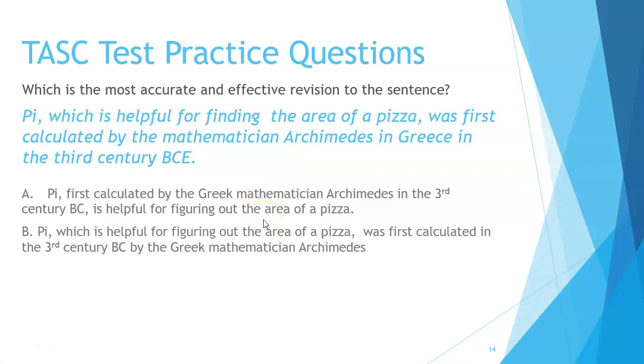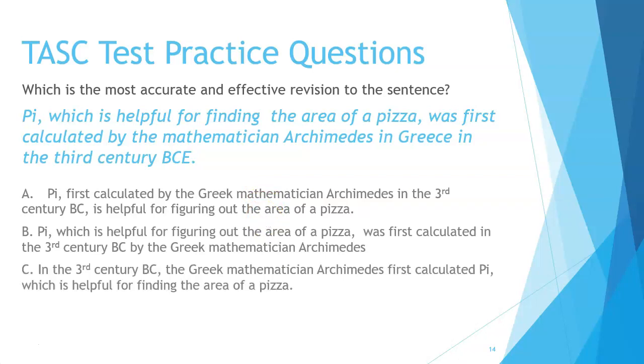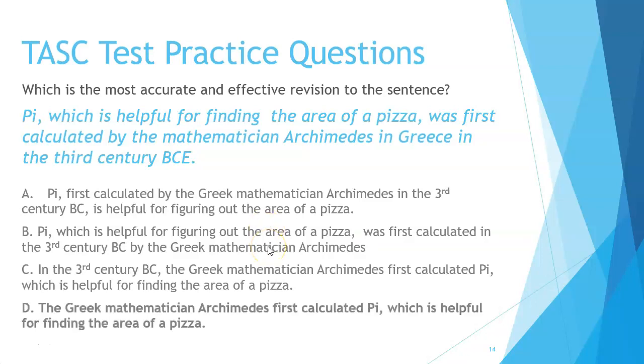Let's look at a few others. They're all kind of wordy, not very concise, and boom. Choice D. The Greek mathematician Archimedes first calculated pi, which is helpful for finding the area of a pizza. Here's a case where the active voice seems to be the best choice because it's more concise.